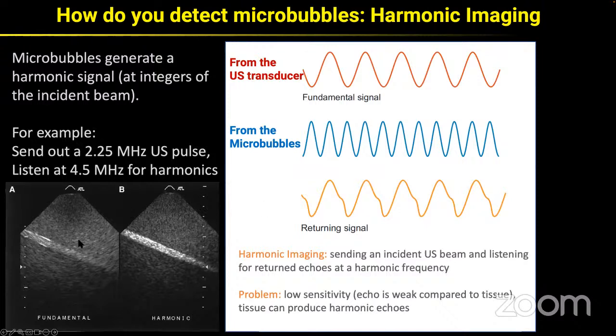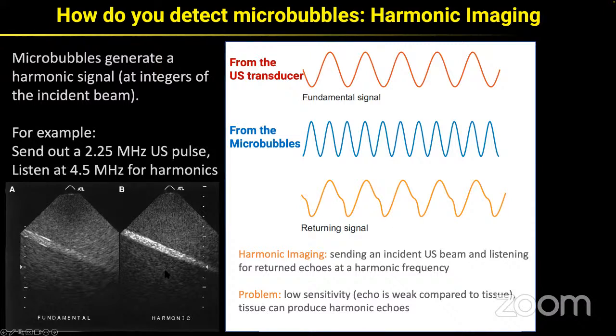So what you're looking at here, this is just a B mode image, and this is a tissue phantom where there's a tube running through it with some ultrasound microbubbles within it. And you can see that, yeah, we get this little bit of enhancement in B mode, but when we start to listen for these harmonic signals, we're starting to see this really nice, bright signal. And that was really good. It was a big advancement when it came out.